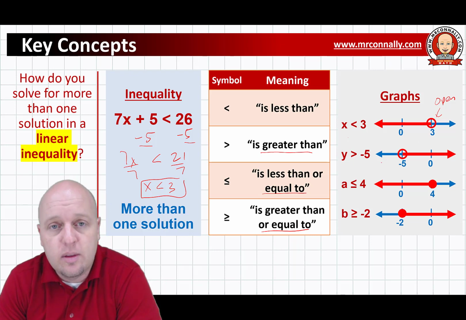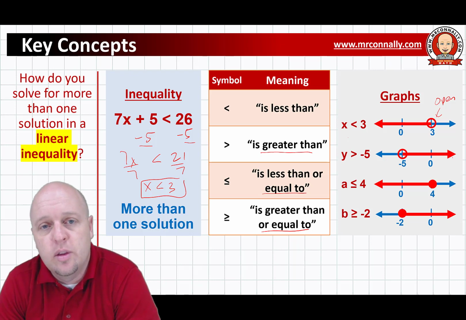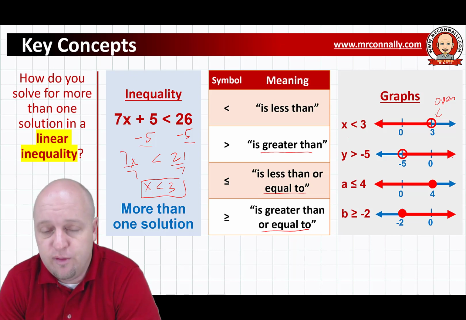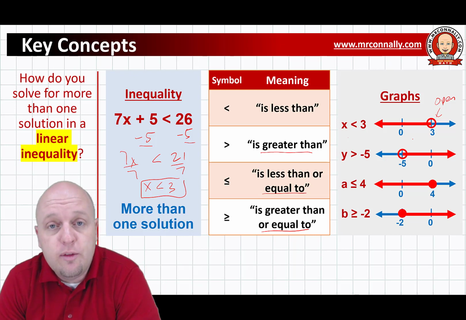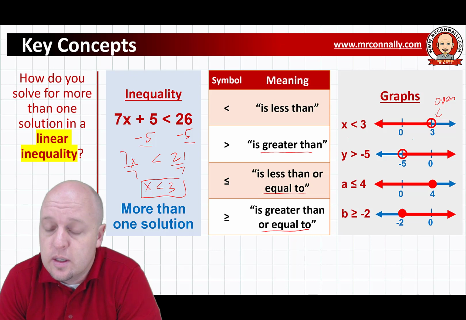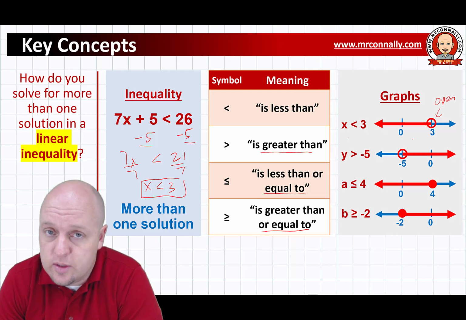Okay, if y is greater than -5, then we leave it open and we would go to the right, because all the numbers greater than -5 would be to the right of that. Again, we're leaving it open because -5 is not a possible solution. Now, what if the number that you're using for your condition is also a solution?